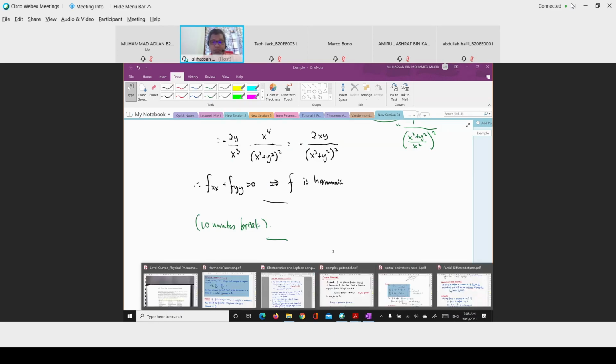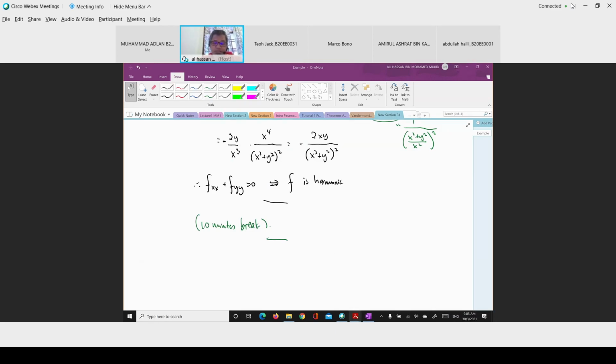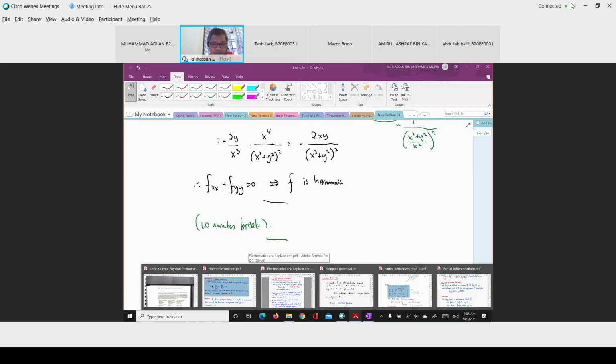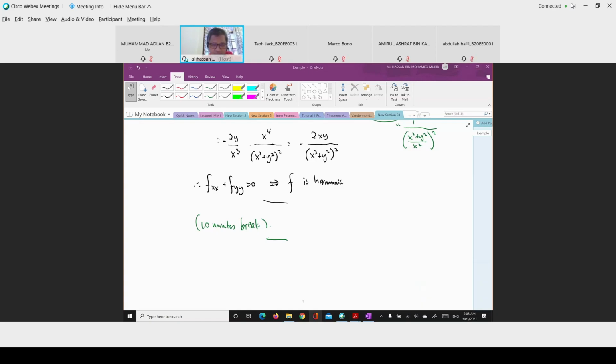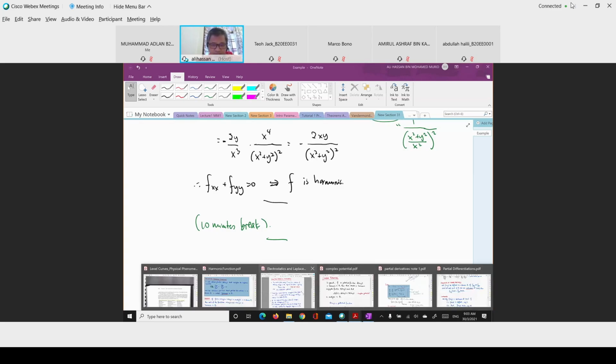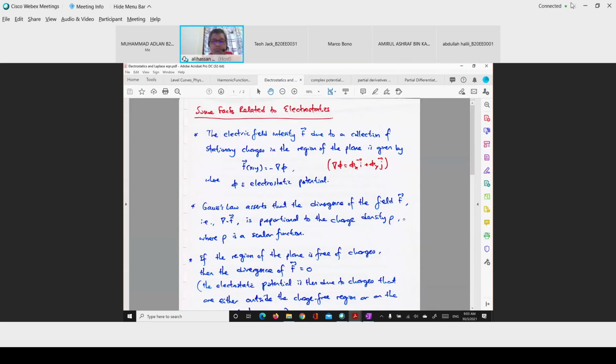Okay, let me show you some other applications of partial derivatives in science and engineering. So one of the problems is related to electrostatics here. So we have this electric field. It's called a vector field actually, which can be represented in terms of minus, this is a gradient symbol here.